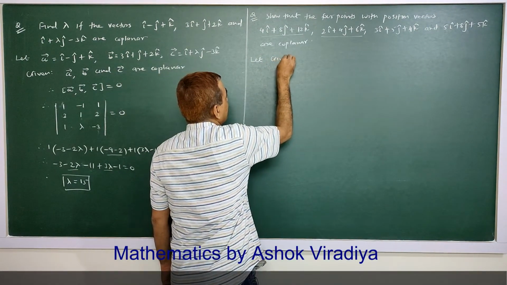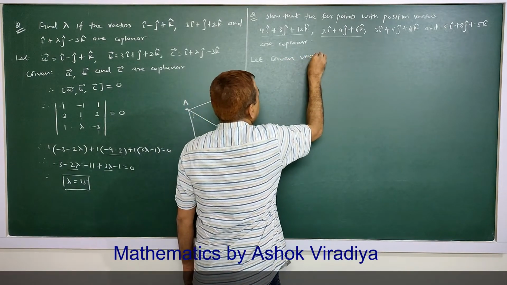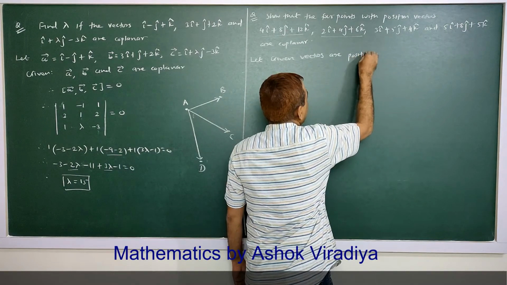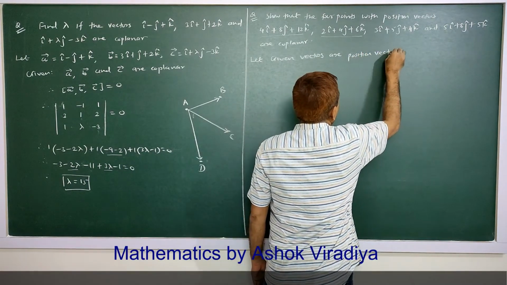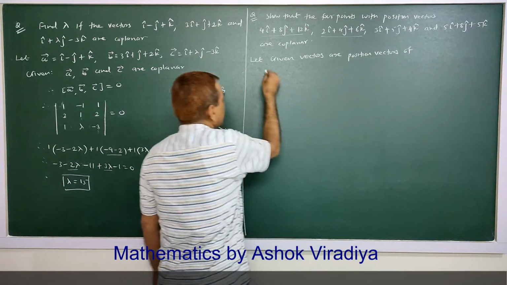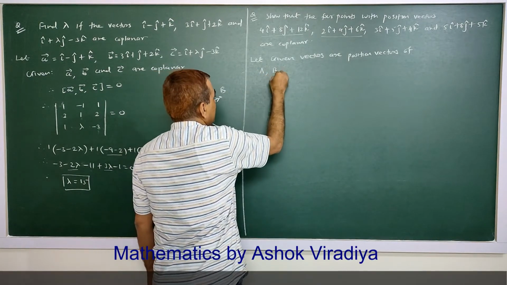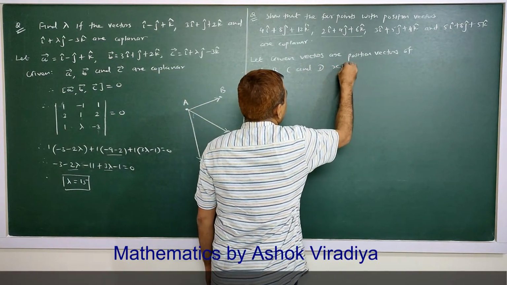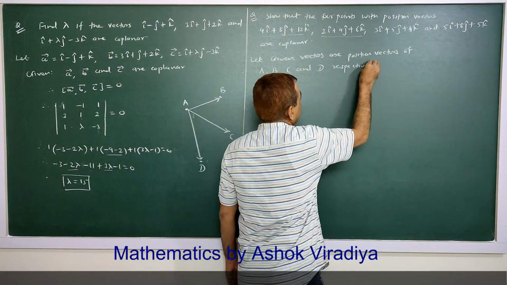So let the given vectors be position vectors of points A, B, C and D respectively.